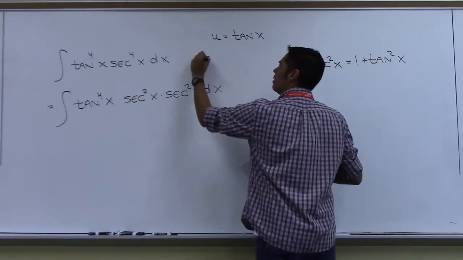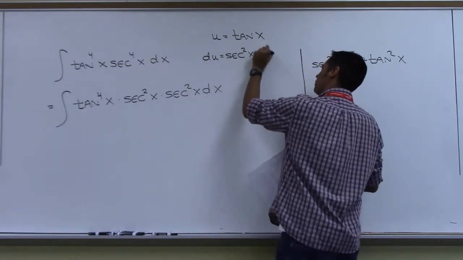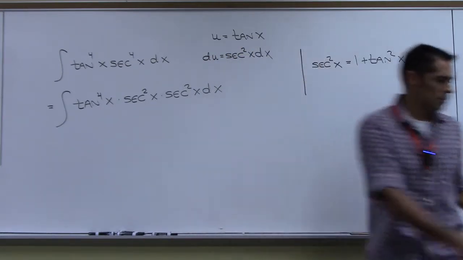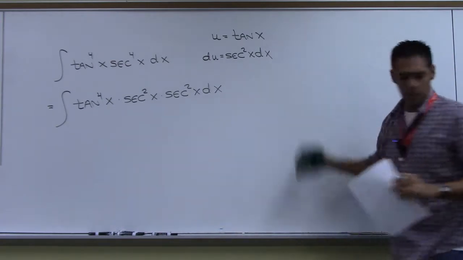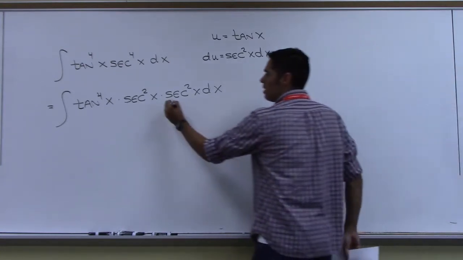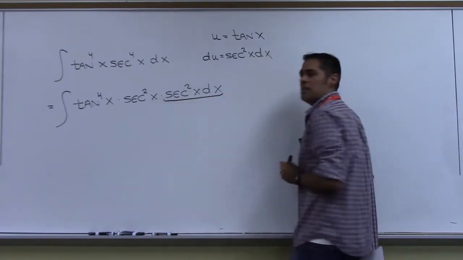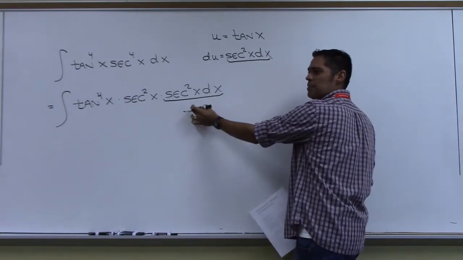So du is secant squared x dx, which would allow me to begin to rewrite the integrand. Do we all agree that the secant squared x dx is du? Right? So I've got this taken care of right there. That's going to be du.